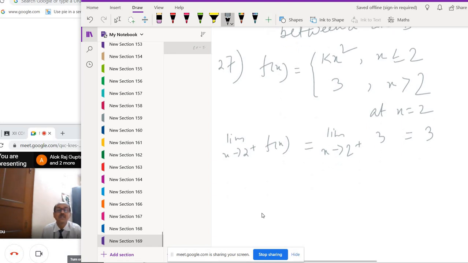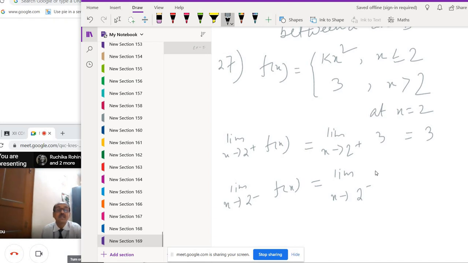Now the left hand limit, x tends to 2 minus f(x). 2 minus means when x is less than 2.